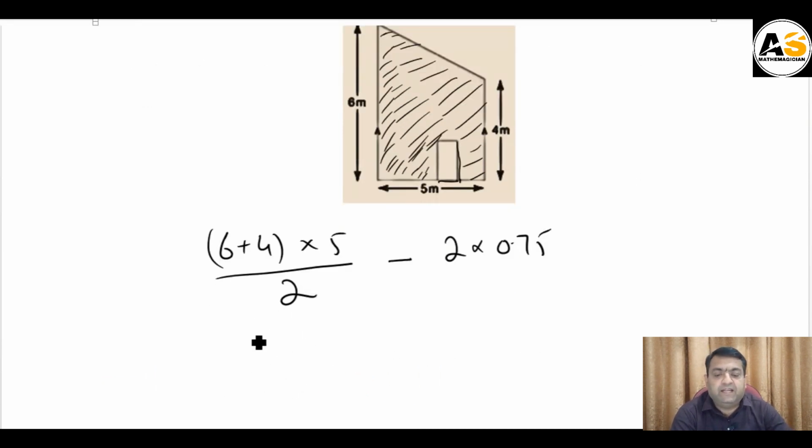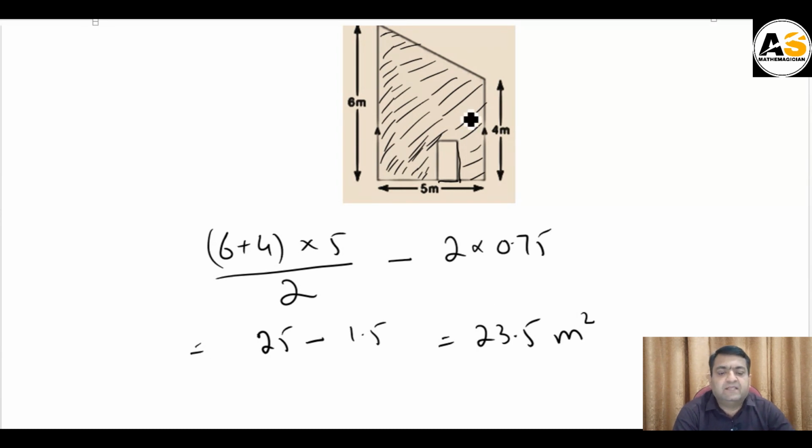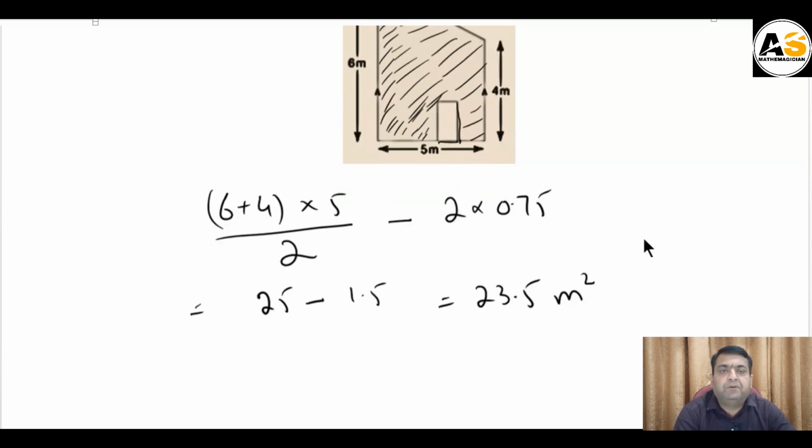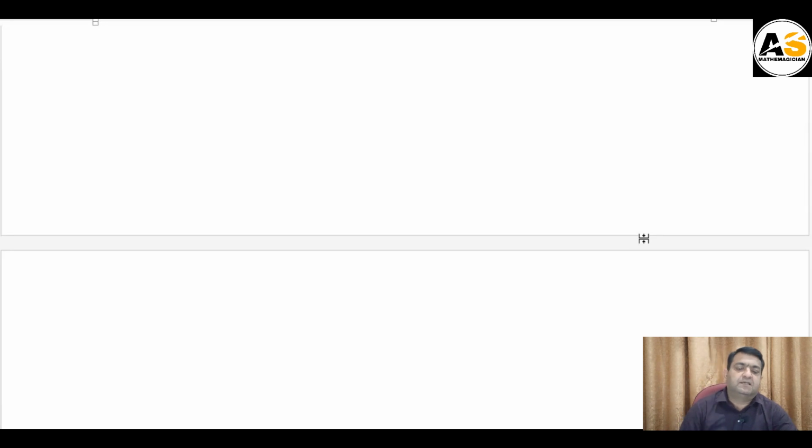So this will be area of brick work. This will be 6 plus 4, 10 into 5, 50 over 2, 25 minus 2 into 0.75, this will be 1.5. This will be 23.5 meter square. This is the area of this brickwork. I hope this is clear.